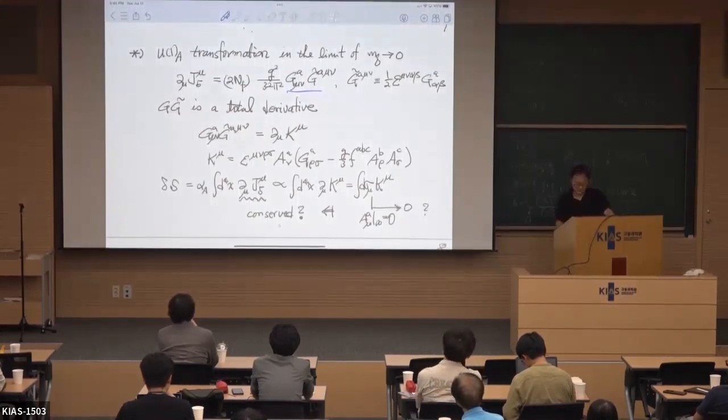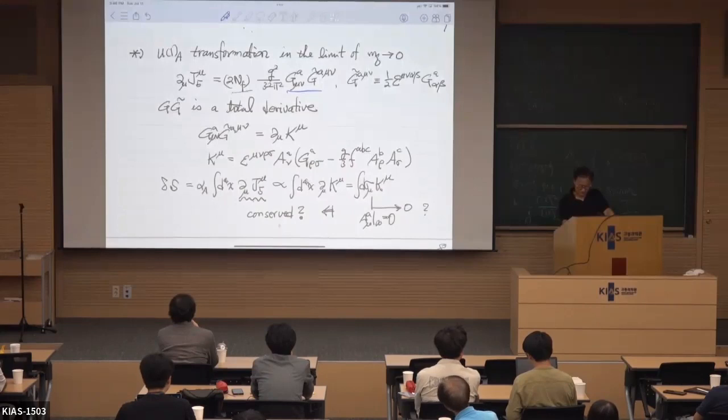In the standard model, we have 6 quarks, so N_F must be 6. Oh, I'm afraid this may be wrong. This may be 2N_F or just N_F.